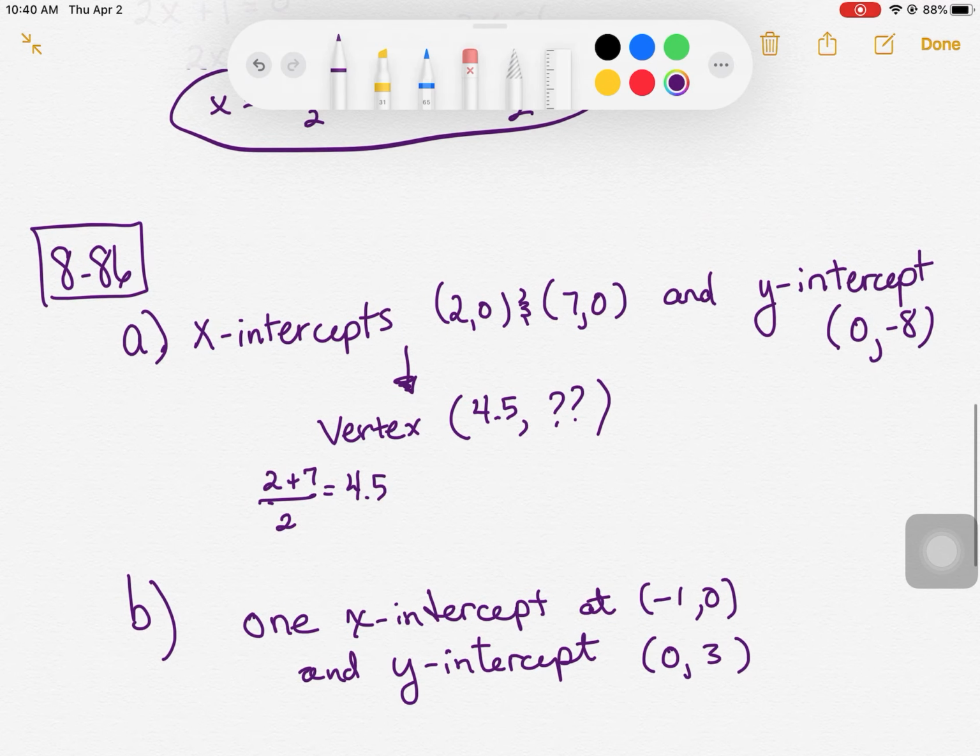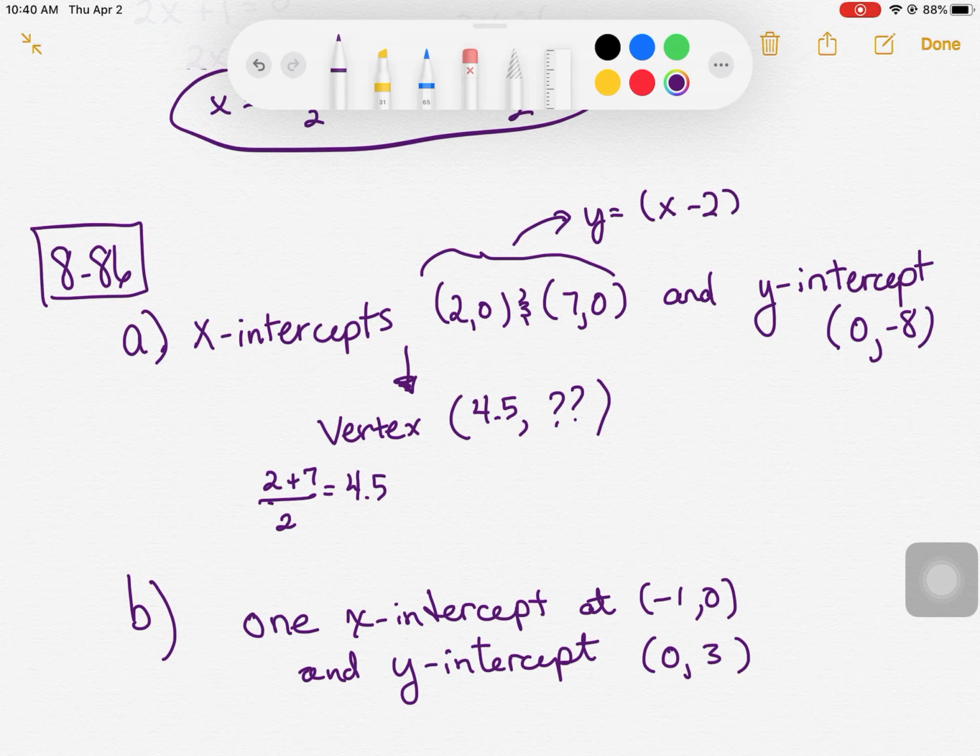Well, that's fine. We can get a little creative, and we can write an equation. We can use our x-intercepts to write an equation, and I'm just going to jot this up here. I could say, well, this must be then x minus 2 and x minus 7. And again, I'm going to go into that a little bit more next week on Monday.